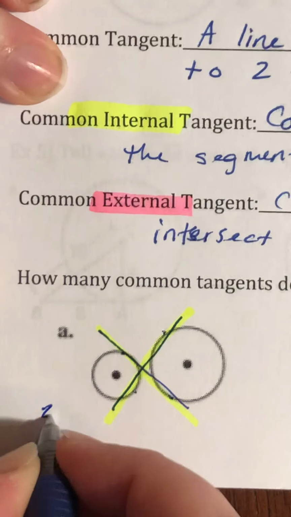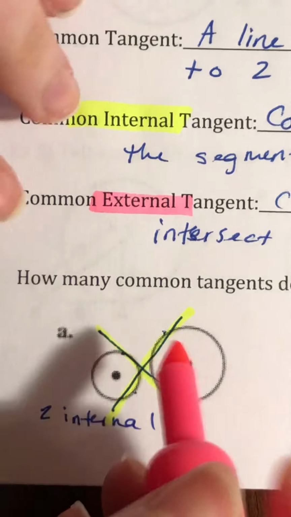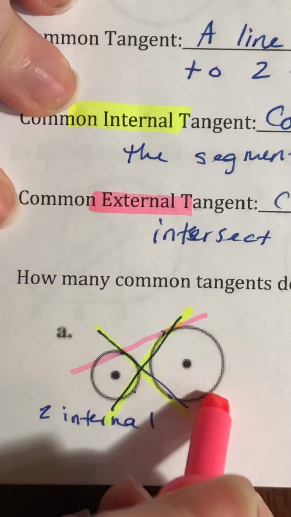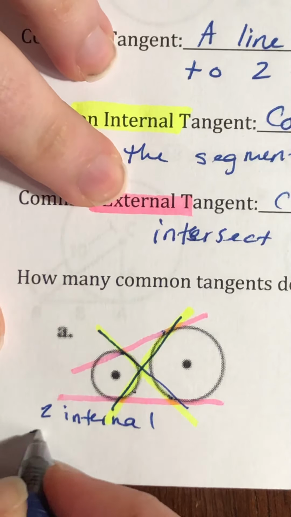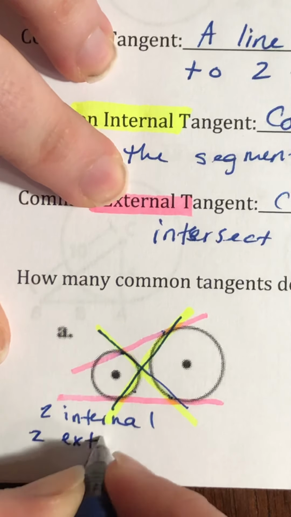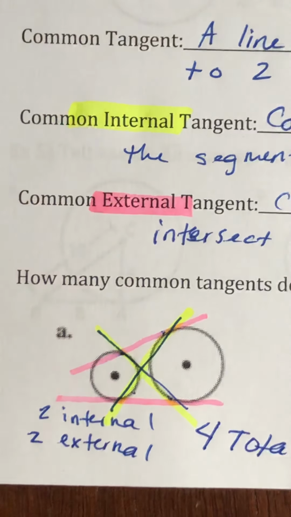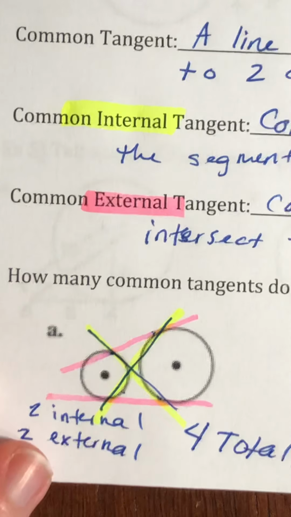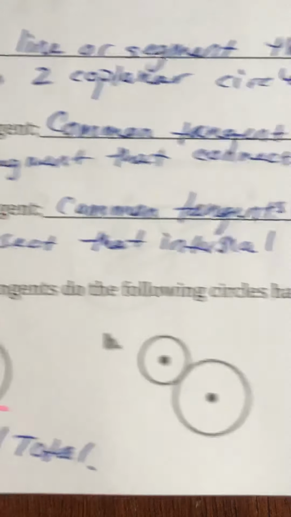So that's 2 internal. For external, we have 3 and 4. So there's 2 of each, which means there is 4 in total. All right, so those would be non-intersecting circles.